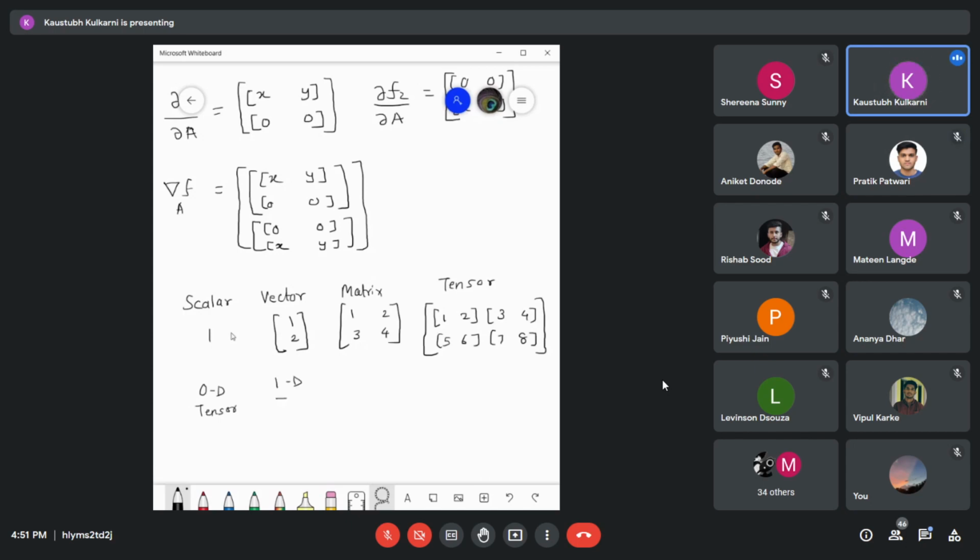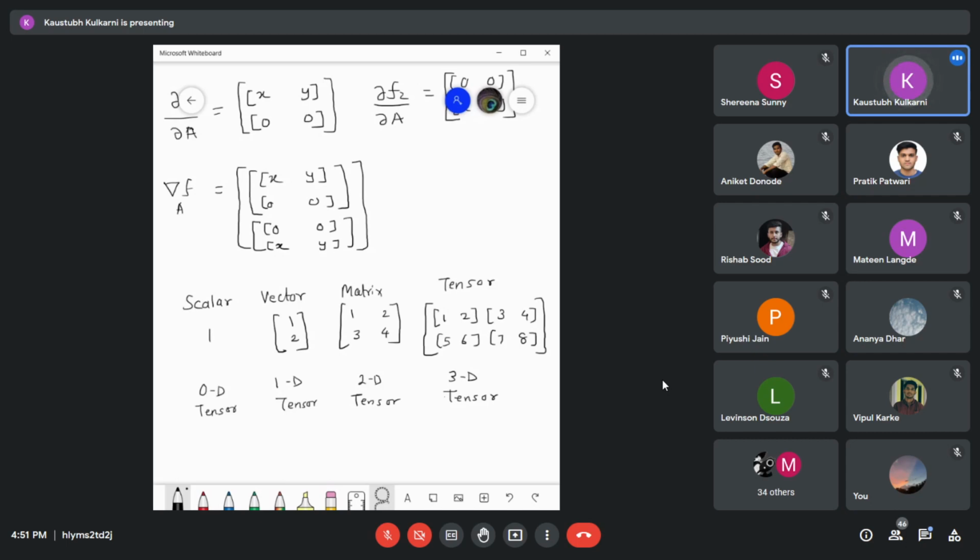A vector is a one-dimensional tensor. A matrix is a two-dimensional tensor. And a tensor is a tensor. Sorry, it's a three-dimensional tensor, not four-dimensional. Anything beyond this is called four-dimensional, five-dimensional, because we do not have specific names for them. So all of them are just tensors.